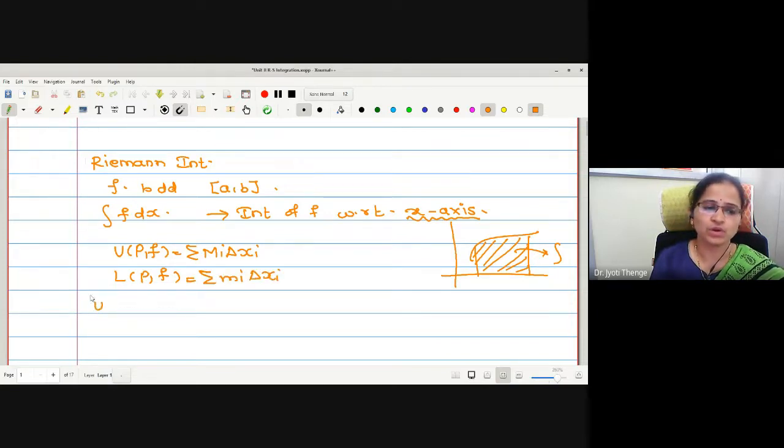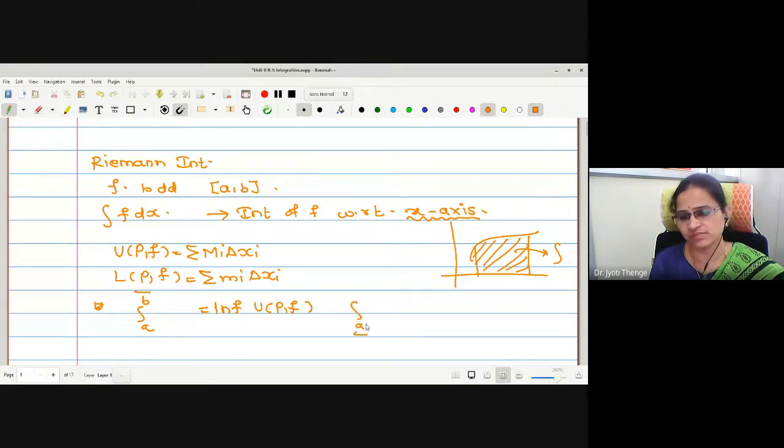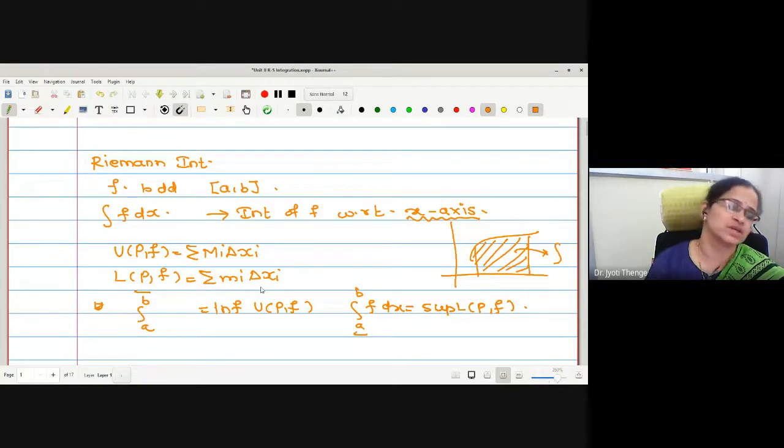Later we find the upper integral, defined to be the infimum of the upper sums, and the lower integral, defined to be the supremum of the lower sums. Whenever the two integrals become equal, the function is said to be Riemann integrable. This is the concept we have seen.